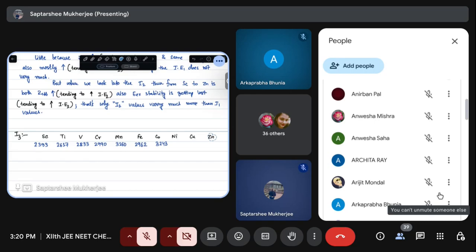Yeah, so large values. 3402, 3556, 3857.